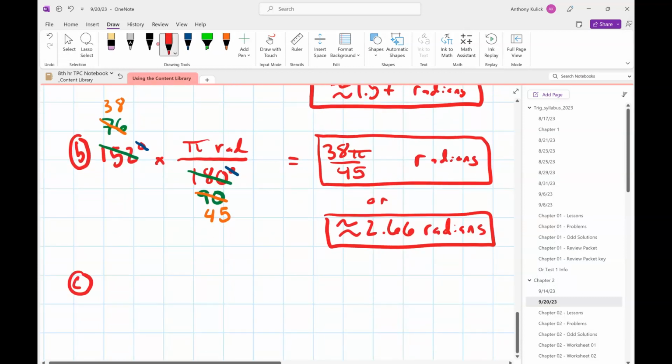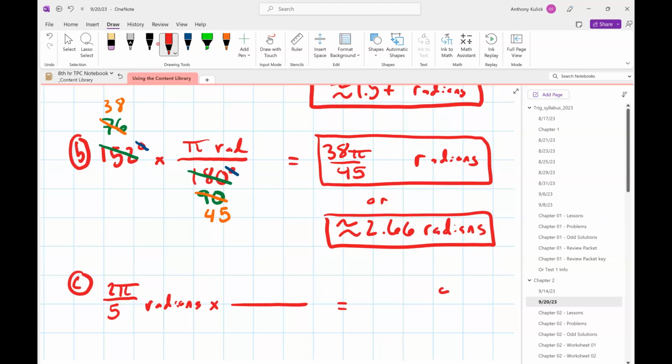And then our next one says we want to convert 2 pi over 5 radians into some number of degrees.